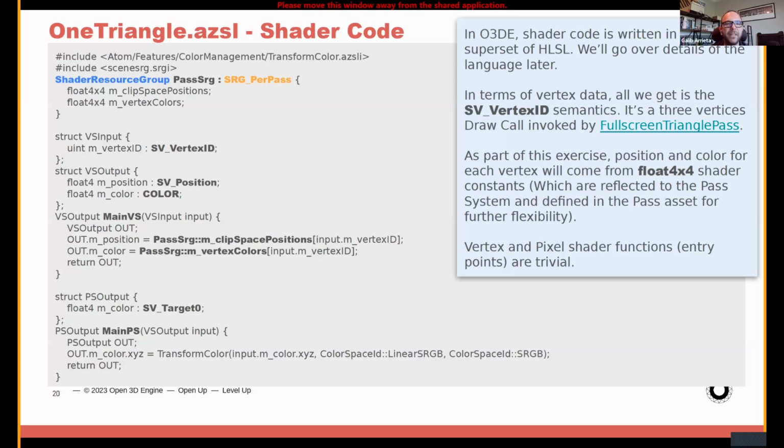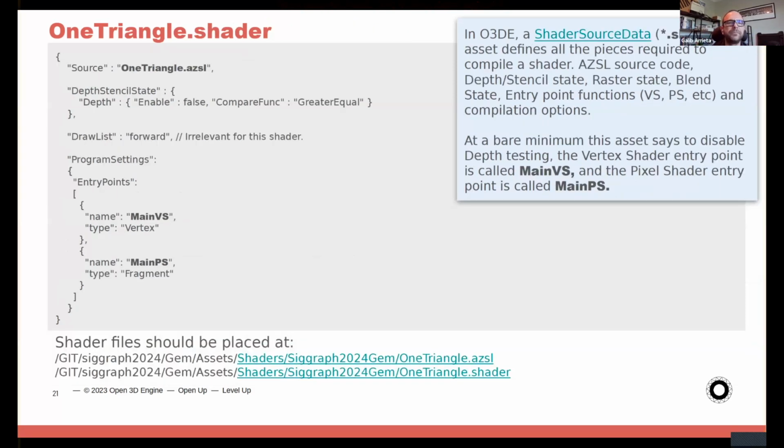That's basically a matrix that is actually controllable from the asset itself. So that's kind of the connection. So you don't even have to write C++ code to customize the value of these shader constants. That's already done for you. And now that we have the code, we need to define how to compile the shader, and that is that shader file.